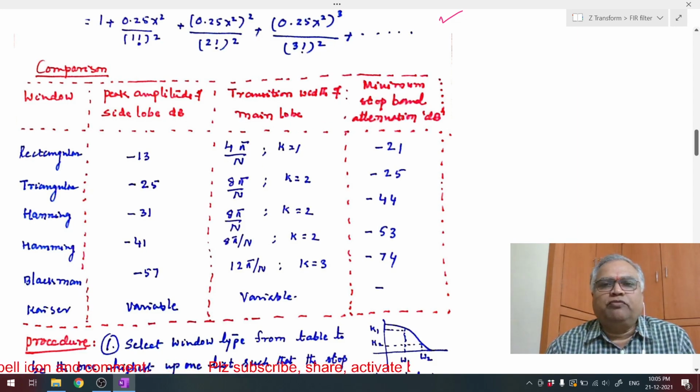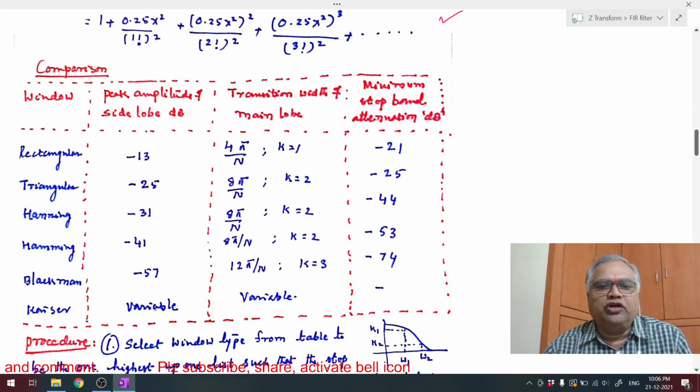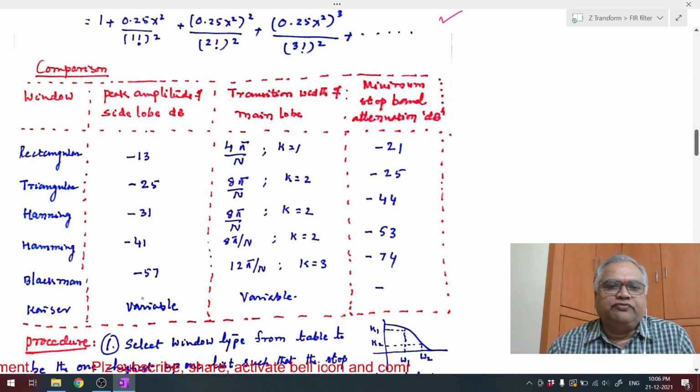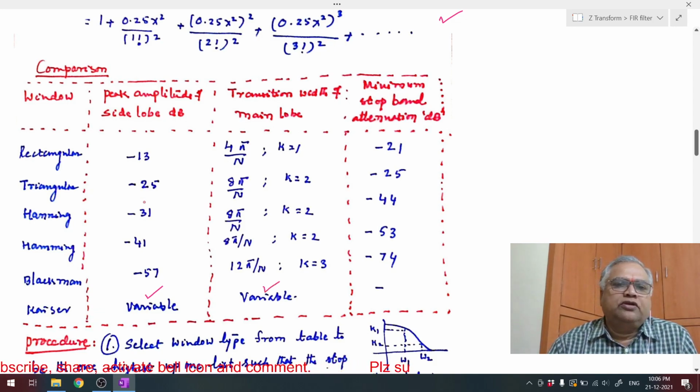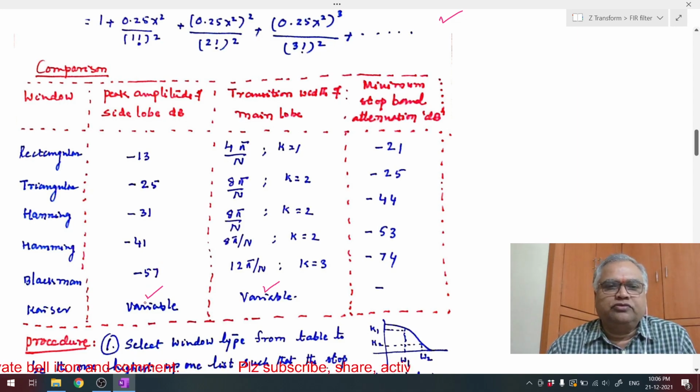Then the minimum stop band attenuation is also increasing: -21, -25 and so on. The beauty of the Kaiser window is that you can get whatever value you want, because variable facility is available in the Kaiser window. Here fixed values are available in all the other windows. So that is one advantage of the Kaiser window.